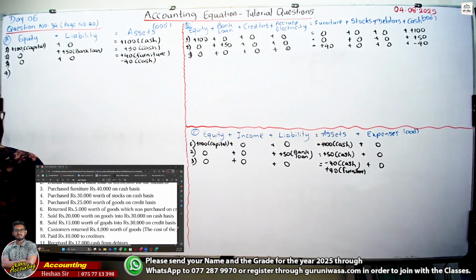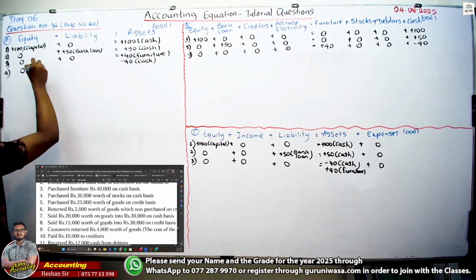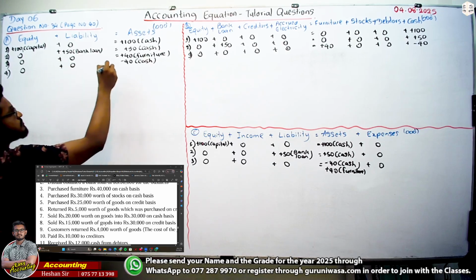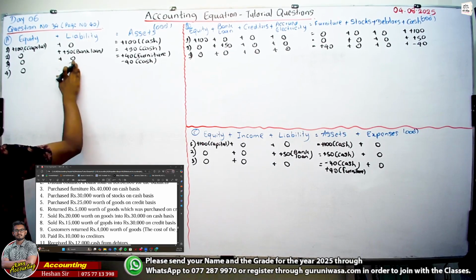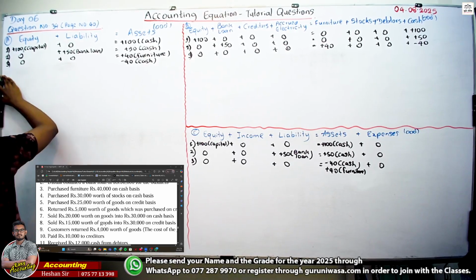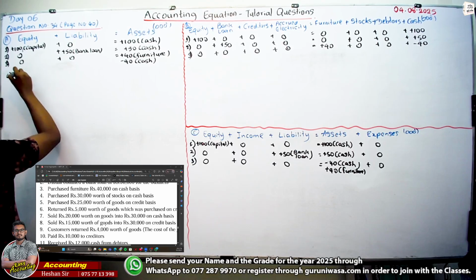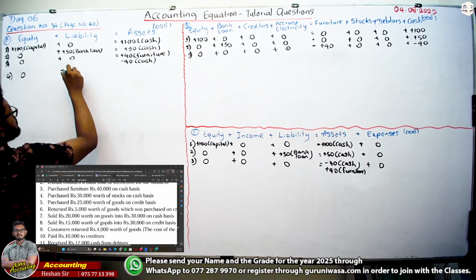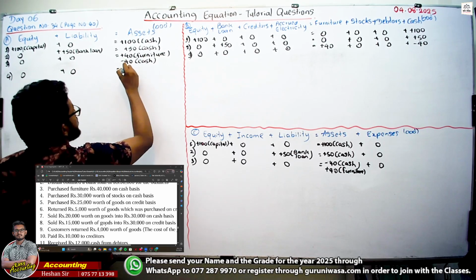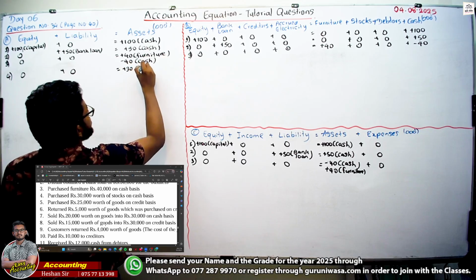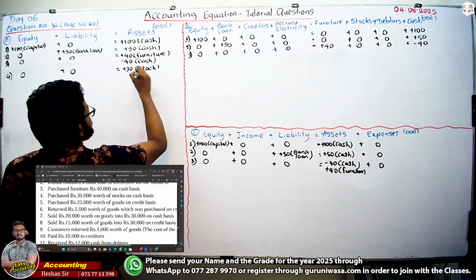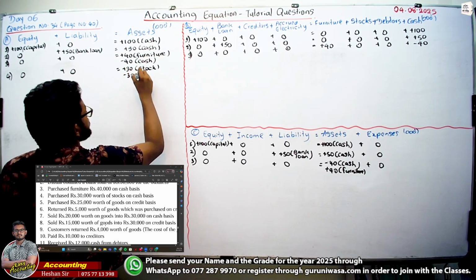When we purchase 30,000 worth of goods on cash basis, 30,000 stock asset increases and 30,000 cash asset decreases.